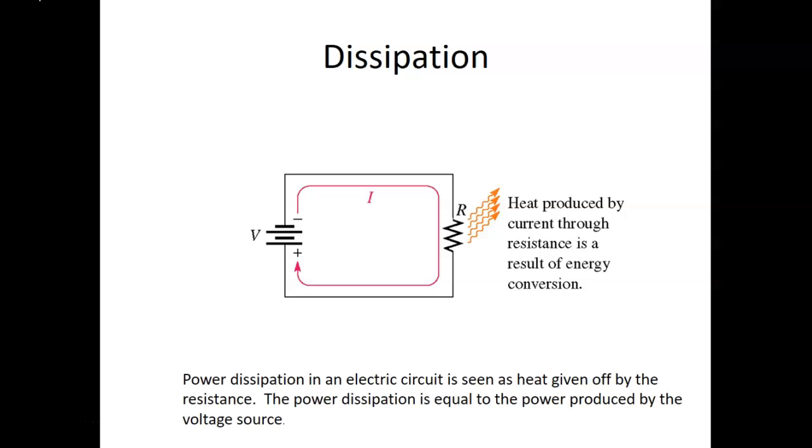Well, if you use your phone too long, it gets hot, right? I mean, seriously, have you ever been on your phone all day and then you actually put your hand to the screen? It gets a little warm. Okay? So the power that is produced in an electric circuit is dissipated as heat in most cases.